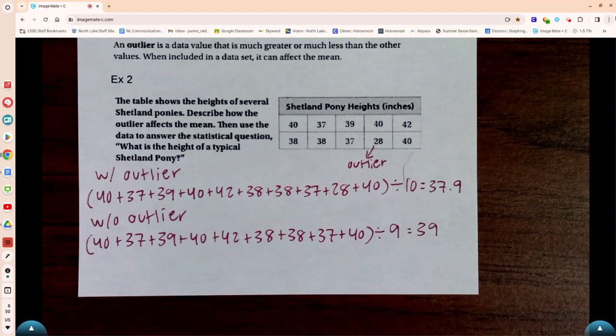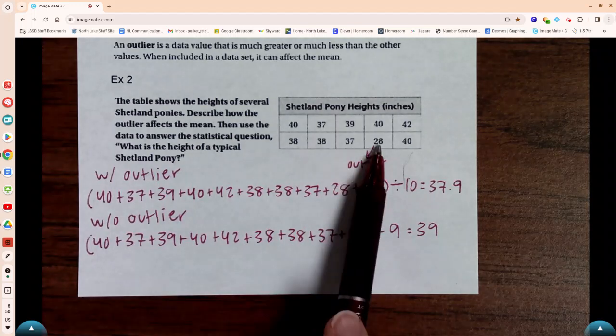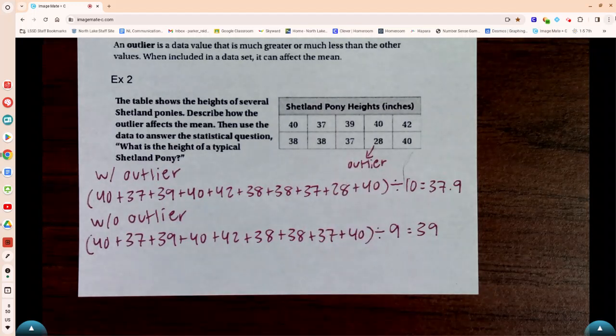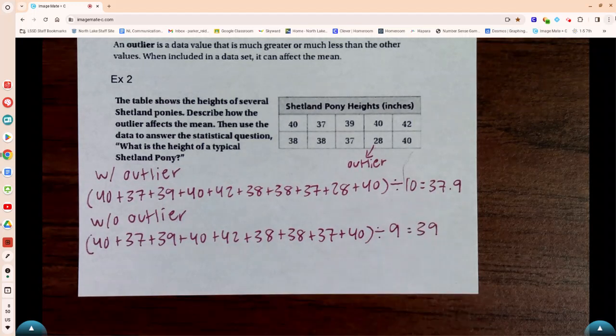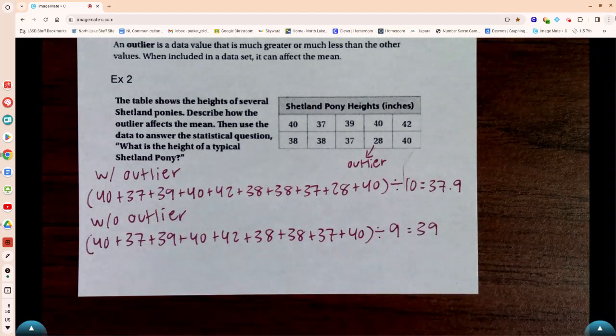Yes, but I'm also adding less. How does this specific outlier, how would I maybe know that it was going to make the mean go down, having it be lower? Aubrey? Because it's much shorter, so for the average, we will have to put that one at the lower end.